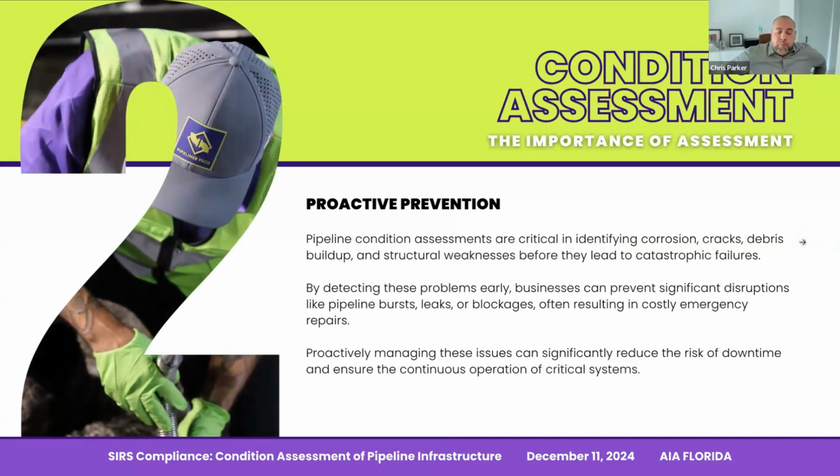Moving into the proactive prevention, we can quickly identify structural weakness before they lead to those catastrophic failures. By protecting those pipelines and protecting the businesses that are operating those pipelines, it allows, again, for that proactive planning to take effect, where with a condition assessment survey, any contractor that's performing this should be able to provide the end client, the architect on record, the engineer on record, a comprehensive plan, not just that, hey, your pipes are failing, but based on their severity, based on their length of time left, we can do this in a phased approach, because everyone understands condos especially have limited pots of money.